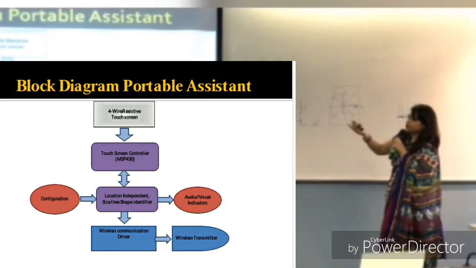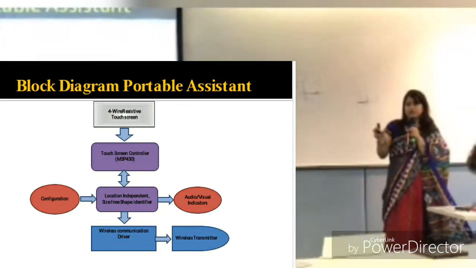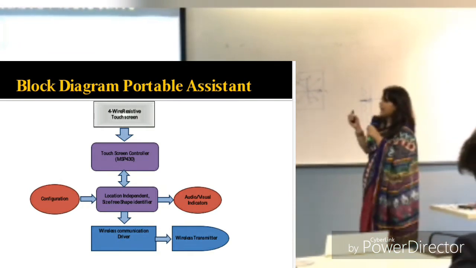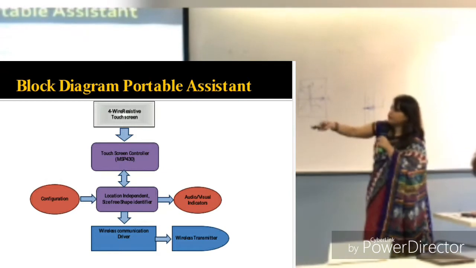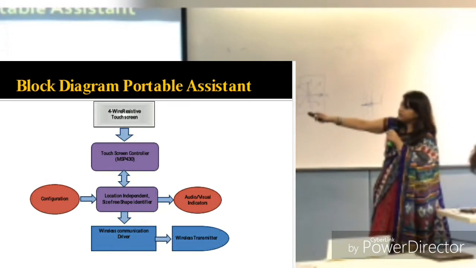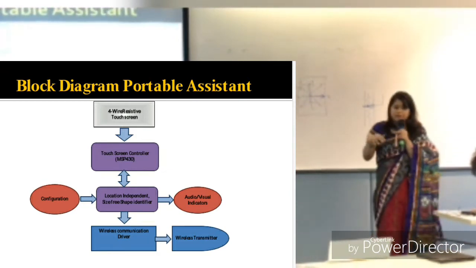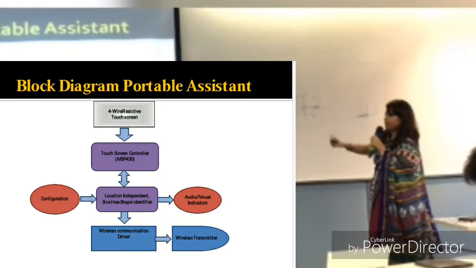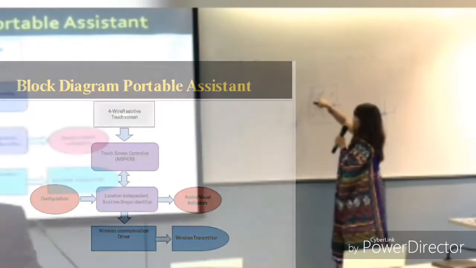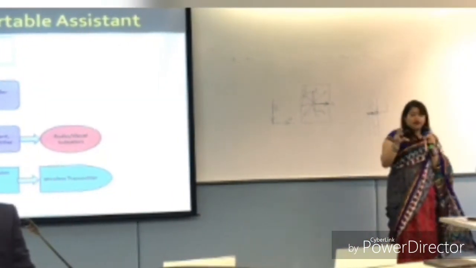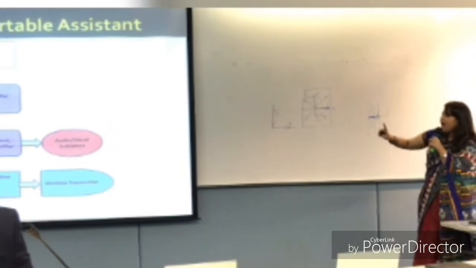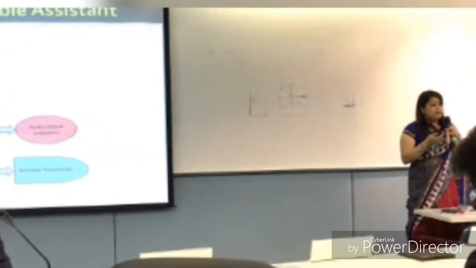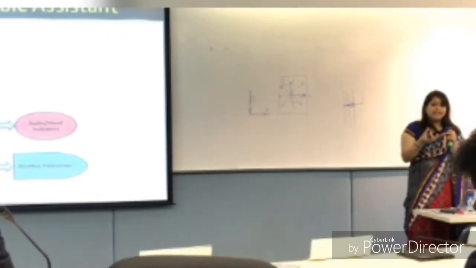Then a touchscreen controller, which in this project is the MSP430 because it uses very minimum power. The configuration, the shapes and sizes, has already been fed to it. And the location independent size and shape identifier, meaning any shape at any location is identified, that algorithm is fitted there. We have added audio visual indicators because a blind person cannot see text messages.